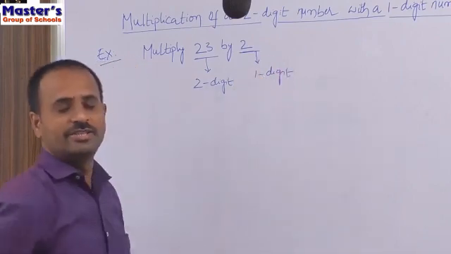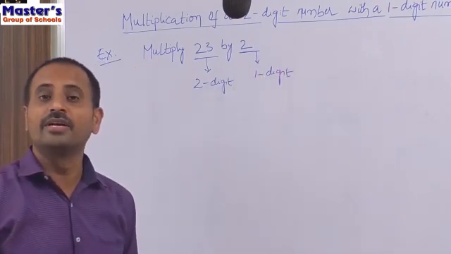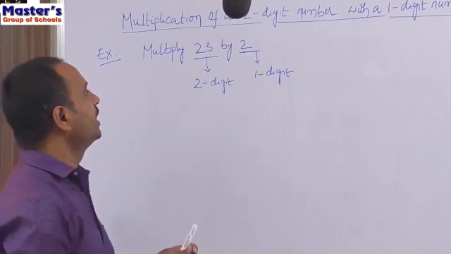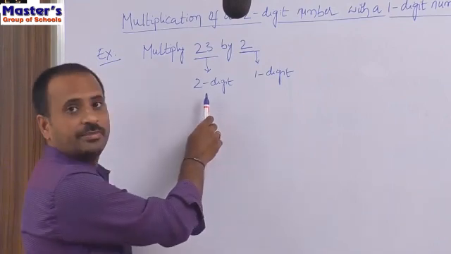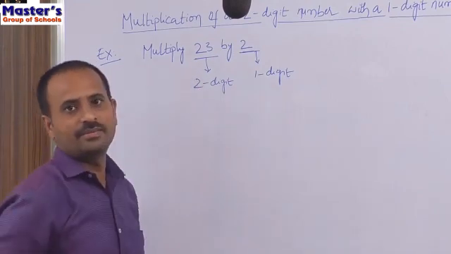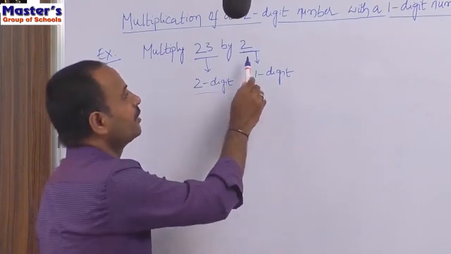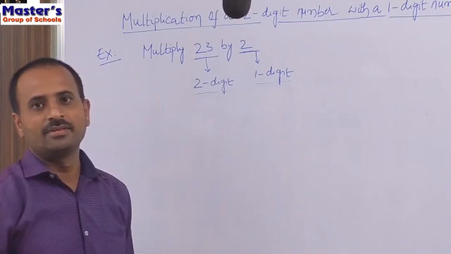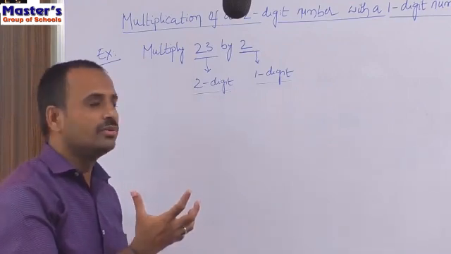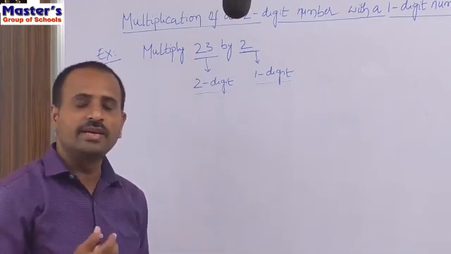Now we are going to learn how to multiply a 2-digit number with a 1-digit number. Here 23 is a 2-digit number and 2 is a 1-digit number. Let us start how to do this multiplication without carrying.